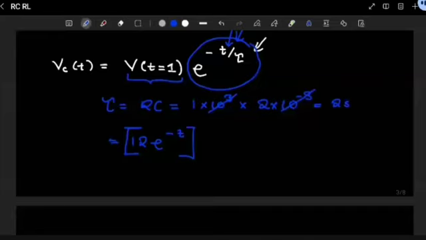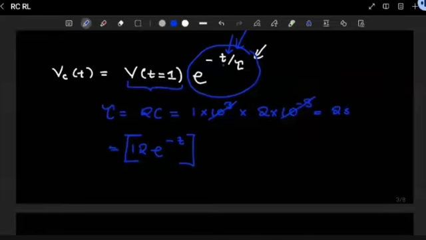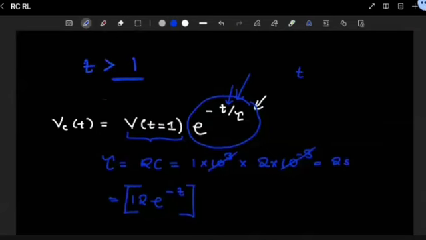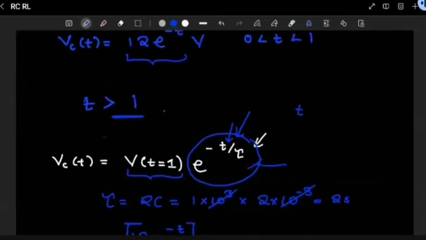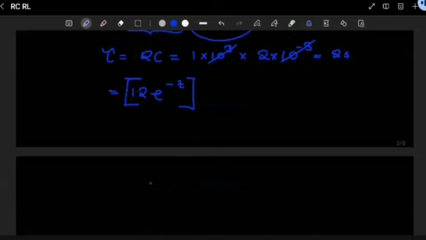Okay, so since you want the count to start from t equals 1 for this part, we want to use the general value for t.